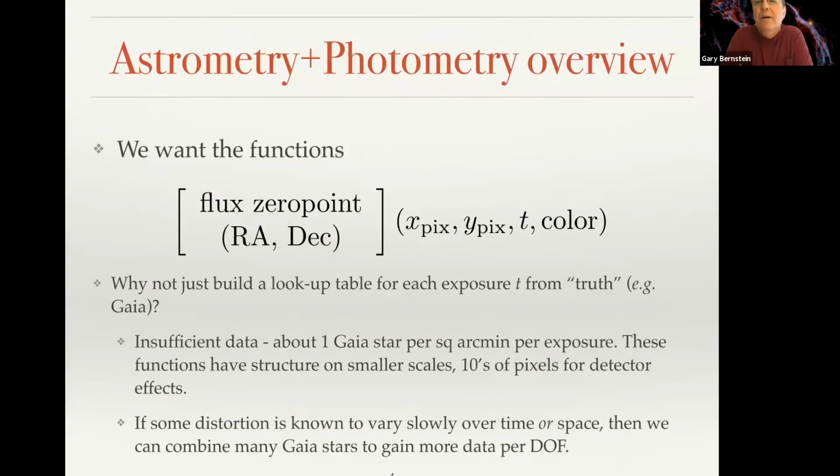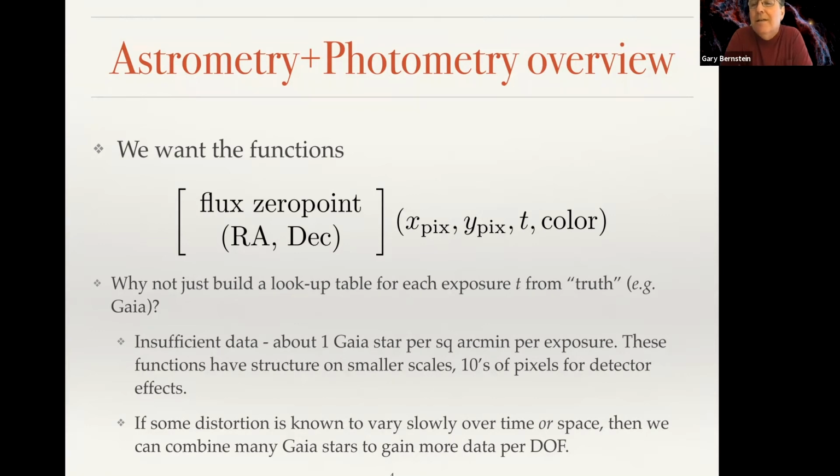All right, so what we're trying to do in astrometry and photometry is essentially find two functions. The photometric one essentially describes a flux zero point, or the transformation from an ADU on an image into an actual physical flux level, as a function of the pixel coordinates on an exposure, x pix, y pix, and t here means time or exposure number.